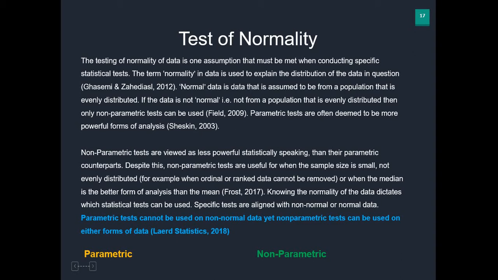And the best part about all of this is that non-parametric tests, while they're less powerful, they're more versatile because you can use that on non-parametric and parametric data. However, parametric tests can only be used on parametric data. Okay? So we're going to go into SPSS now and we're going to show you how to do a test of normality.